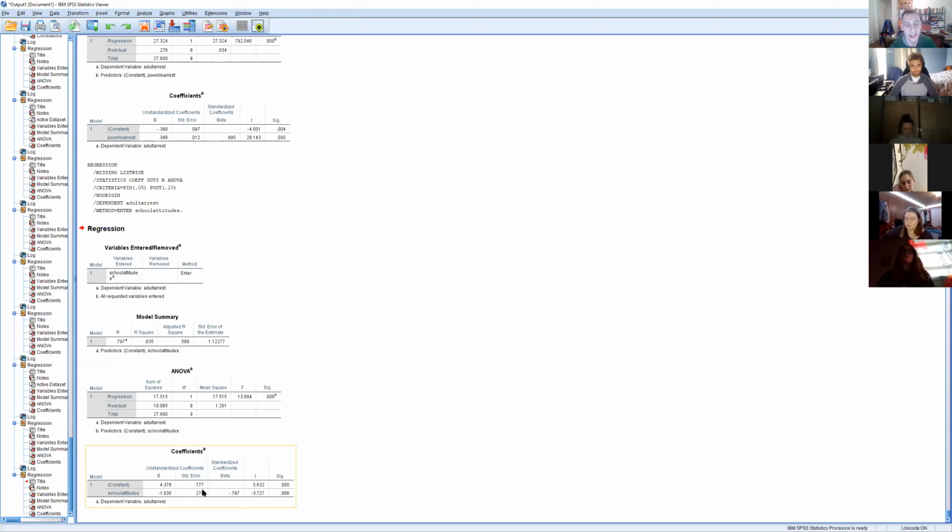And so it's linear. It's the same thing all the way up the scale. We're not, at this point, thinking that it's curvilinear, that if you get to a certain point, the effect of school attitudes on adult arrest has diminishing returns. No, for every unit increase in school attitudes, adult arrests are predicted to decrease by 1.03.